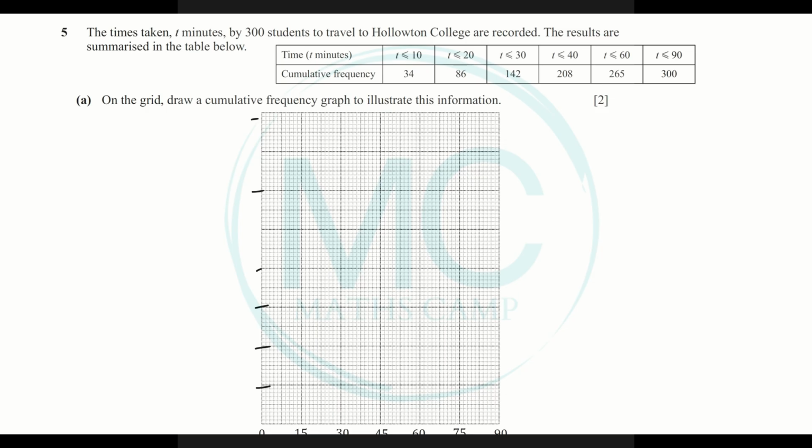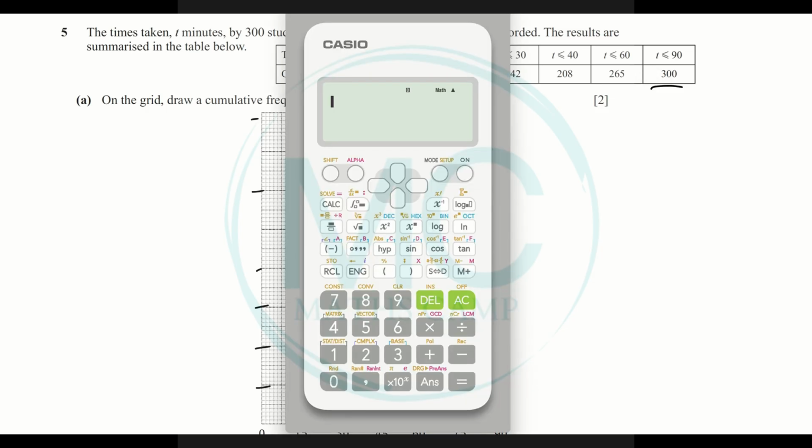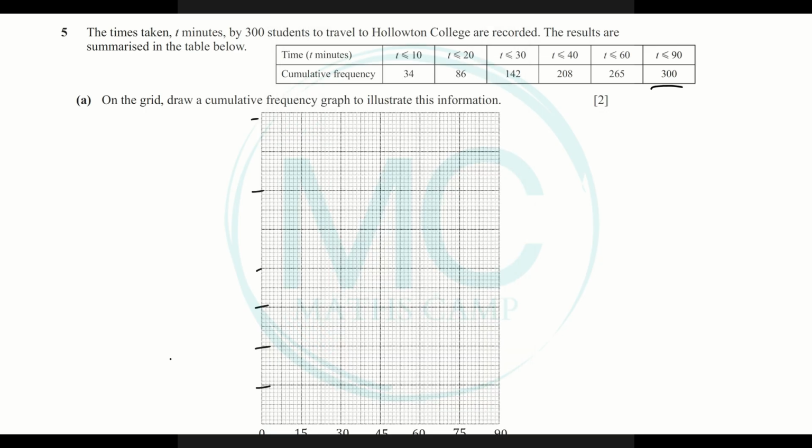Cumulative frequency we have from 0 to 300. 300 divided by 8 is equal to 37,5. So I'm going to create intervals of 40 from 0 to 320. Always make a note along the y-axis that this is the cumulative frequency.